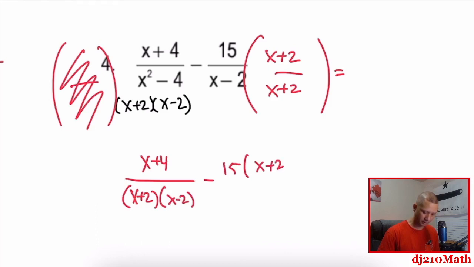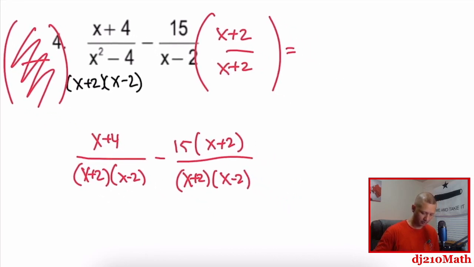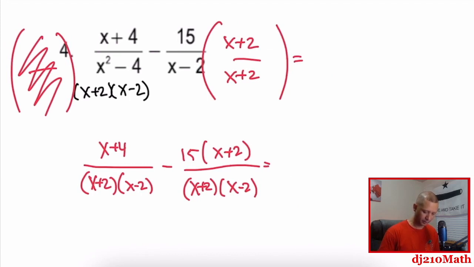15, x plus 2, x plus 2, x minus 2. Combining the numerator. That negative is going to have to distribute to everything.